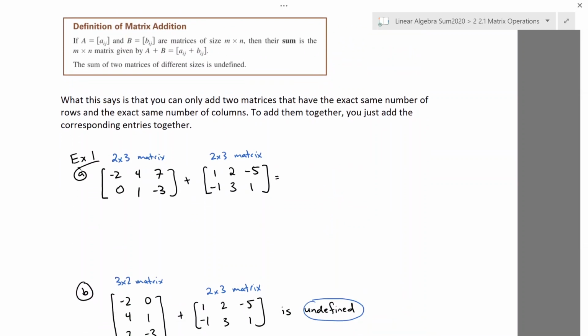Okay, so in this example here, we're adding these two 2 by 3 matrices, and again, you just add the corresponding entries, right? So the result will be a 2 by 3 matrix.